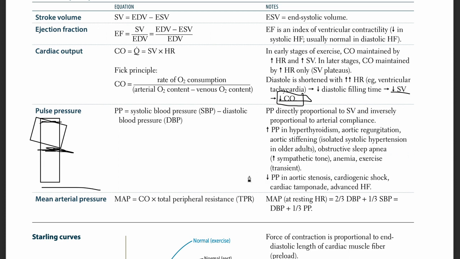Pulse pressure increases because diastolic pressure is going to be decreased, preload will decrease, but heart rate and contractility increase. So systolic blood pressure will be much higher than diastolic, so this will be much lower and this will be much higher.